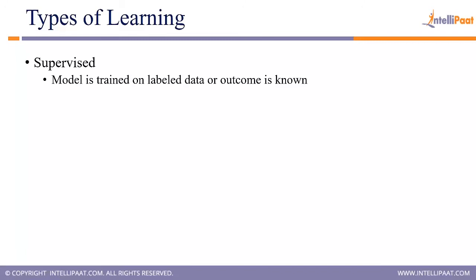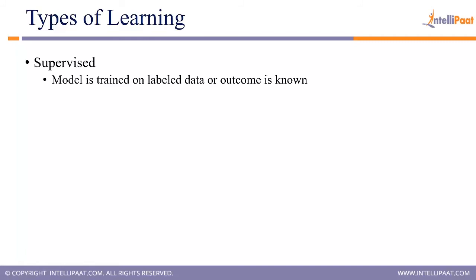They trained us to say that this is a cat, this is a dog. These features belong to a cat, these features belong to a dog. That sort of learning is referred to as supervised learning, learning under someone's supervision.